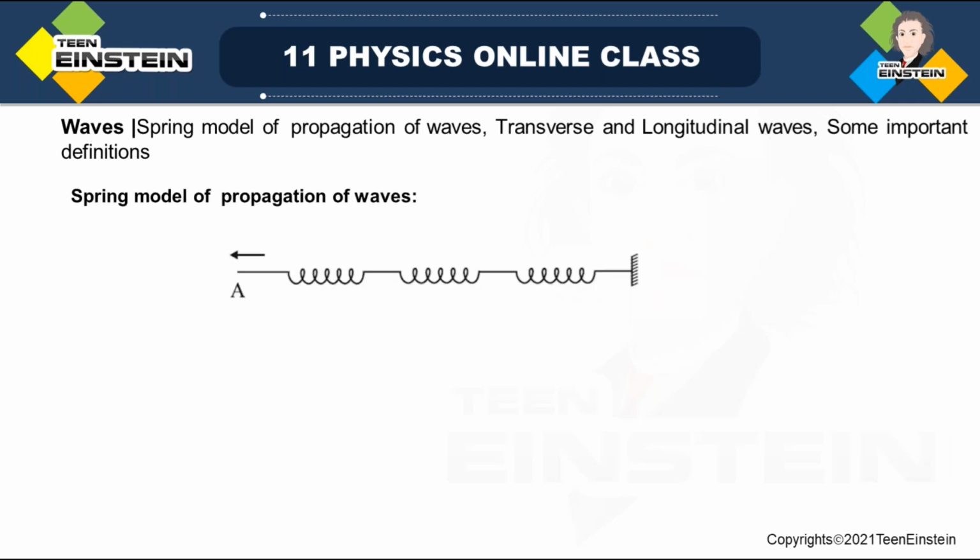Now we'll see how a wave propagates practically in an elastic medium through an example or through a demonstration, which is called the spring model of propagation of waves. So we know an elastic spring, when some force is applied at one end, whereas the other end is fixed with some rigid support.